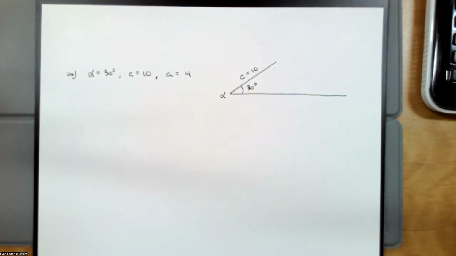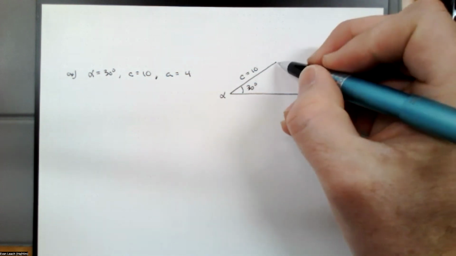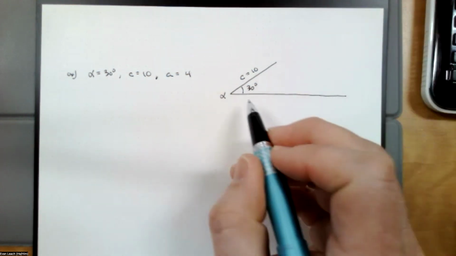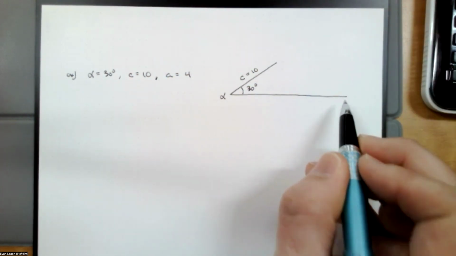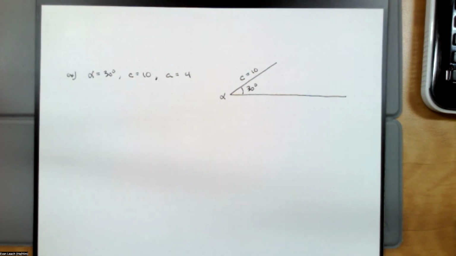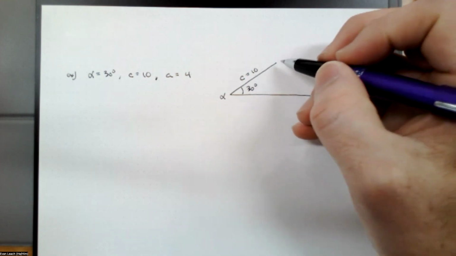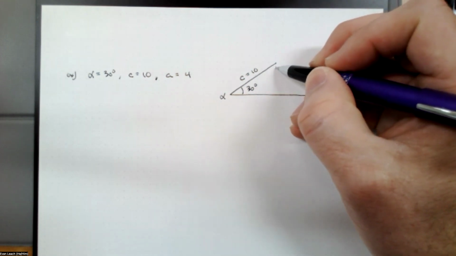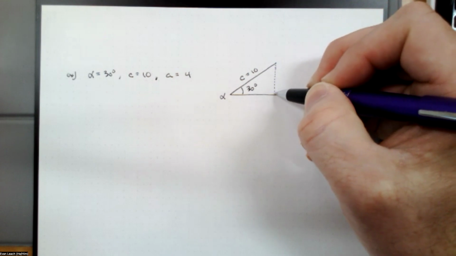Side A, the side opposite the given angle, has to go from here down to the side where B is going to go. That's where the third side goes. I've got to make sure I can make that connection. There's a minimum amount to cross that distance. The side opposite the given angle has to be at least the height of this triangle.